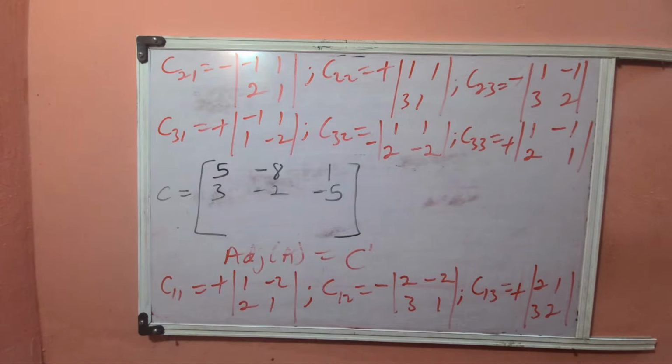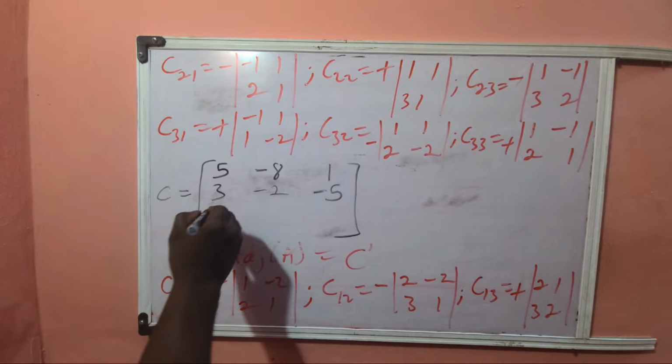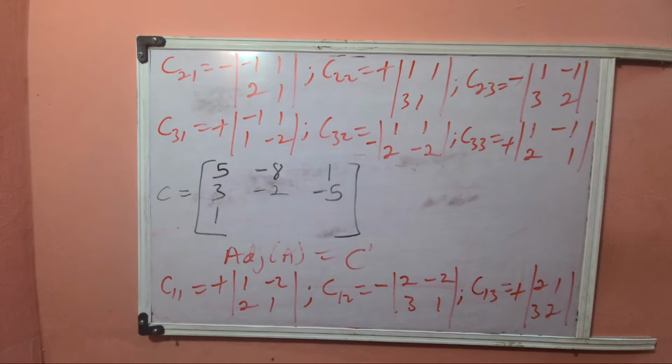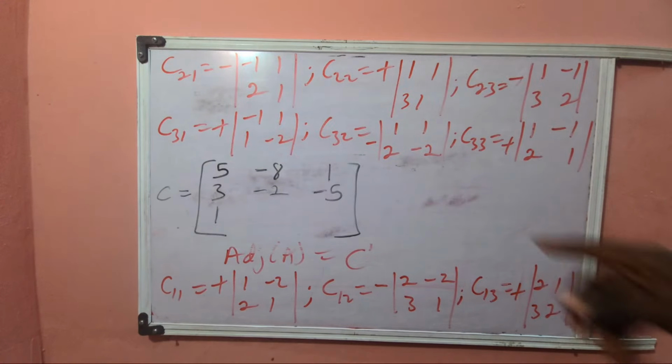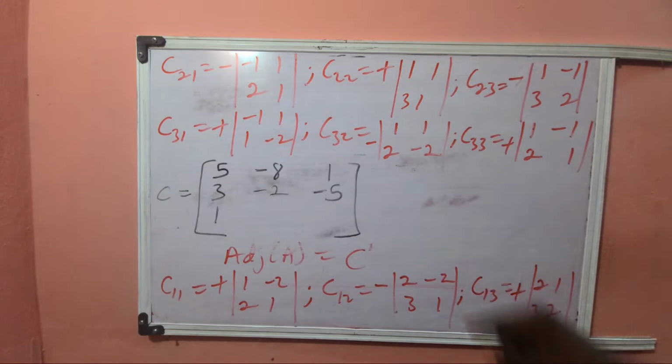For the last side of things, we have minus 1 times minus 2. That will be 2. 2 minus 1, that's 1. And for C32, we have minus 2 minus 2, that will be minus 4.